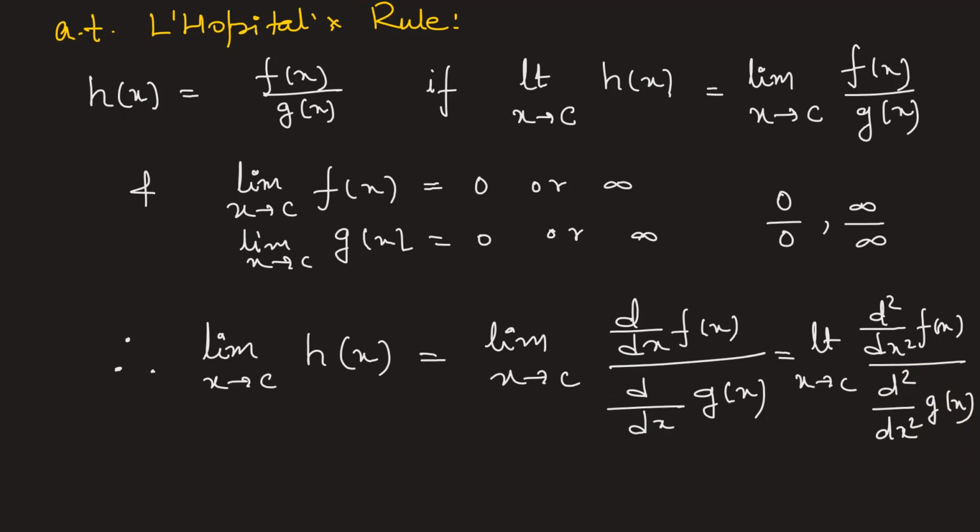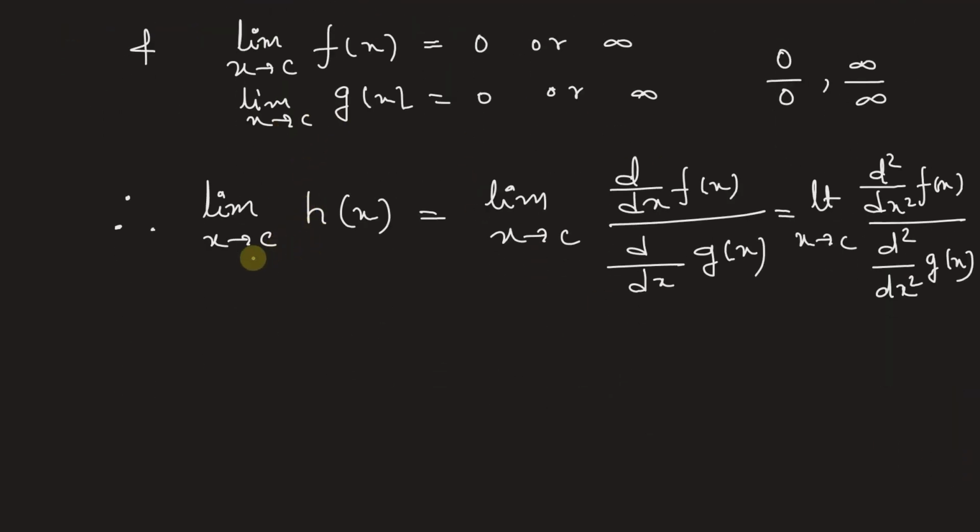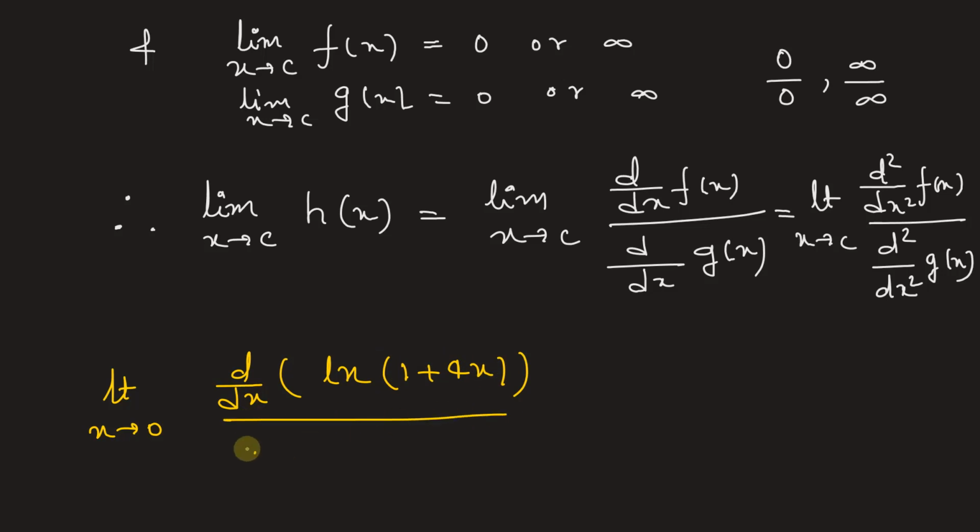So this problem is also in 0 by 0 form. So what we can do here, we can write limit x tends to 0 of d by dx of ln of 1 plus 4x divided by d by dx of e to the power of 3x minus 1.